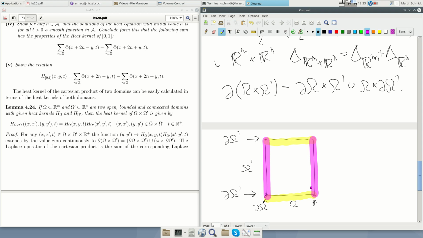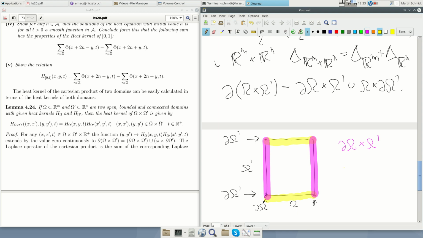This part here, the red part, is the boundary of omega cross omega prime.